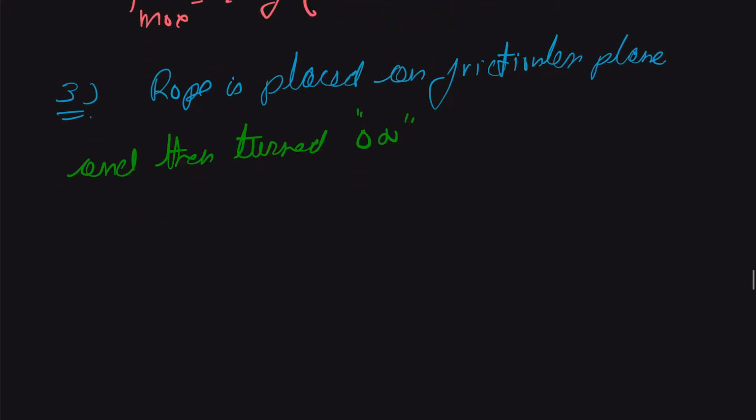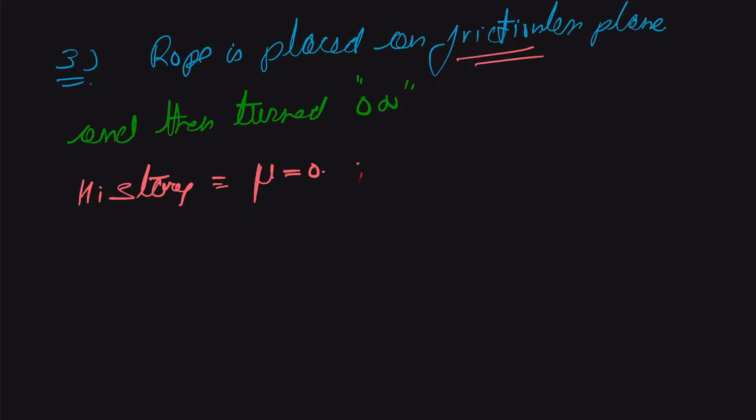So which basically means here, as per our history, the plane is frictionless, therefore we can say that mu is equal to 0. And our rope is placed, comes to rest.